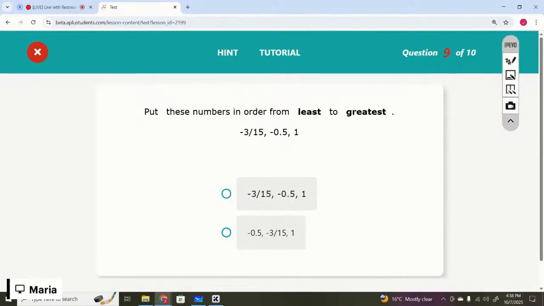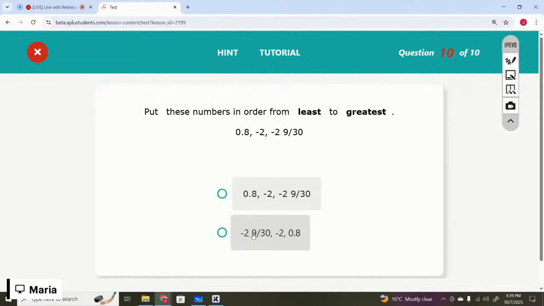Put these numbers in order from least to greatest. That is 0, negative 0.5, negative 3 by 15 and 1. Option number 2 is the correct option.